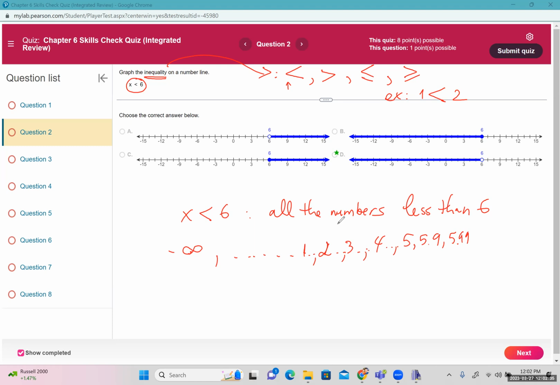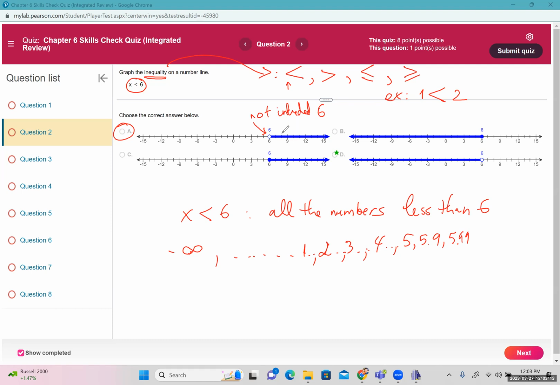So all the numbers that are less than 6. Now, if you look at answer A, it has an open circle, which means 6 is not included. That is what I'm looking for.